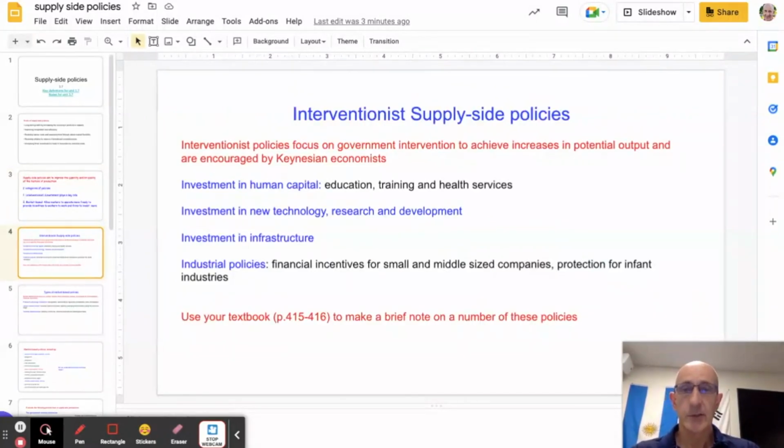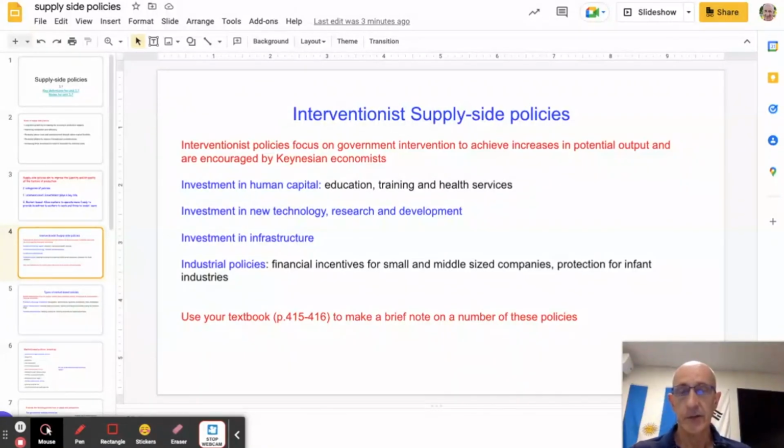When we talk about interventionist supply side policies, we are still looking at increases in potential output, and in a sense, these supply side policies are encouraged by sort of Keynesian type economists, and they will have impacts on aggregate demand. As we'll see, there are demand side impacts of supply side policies.